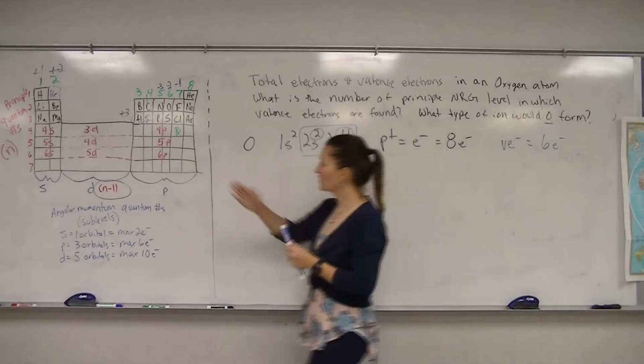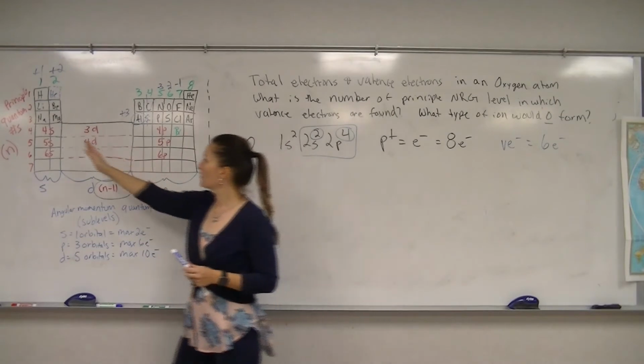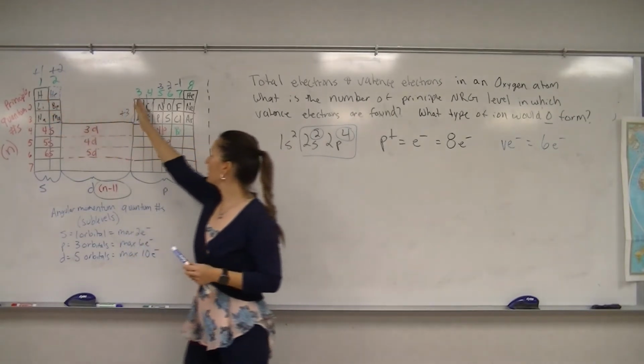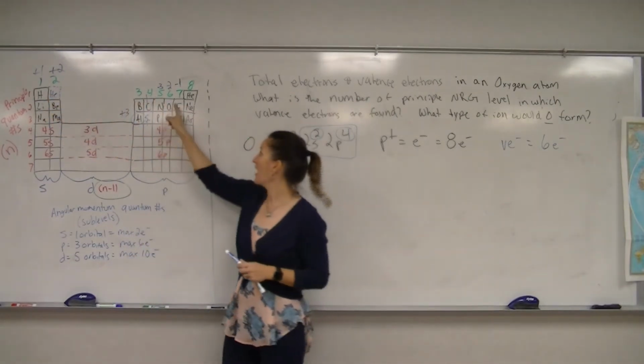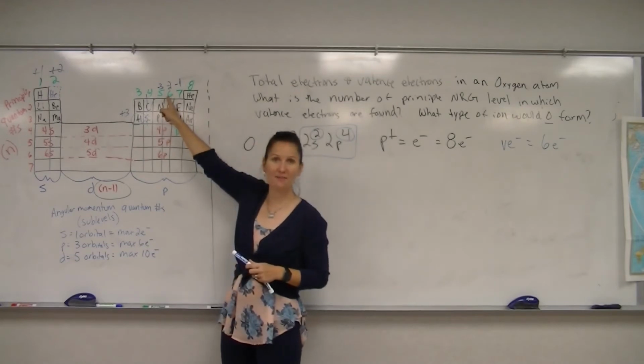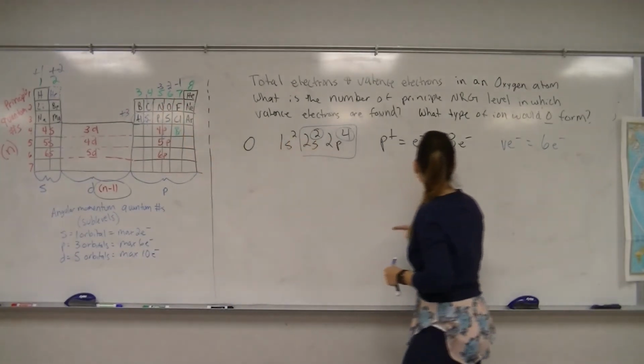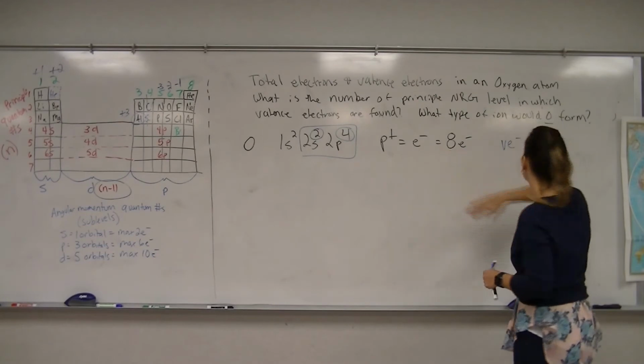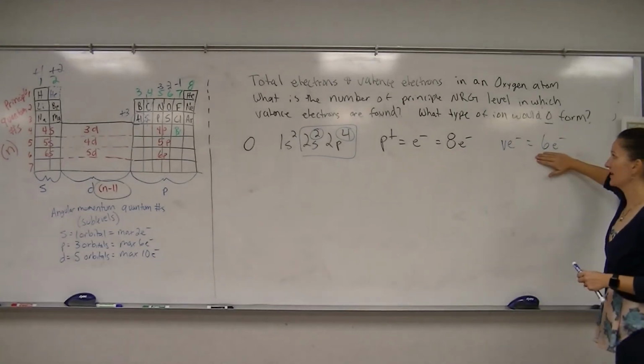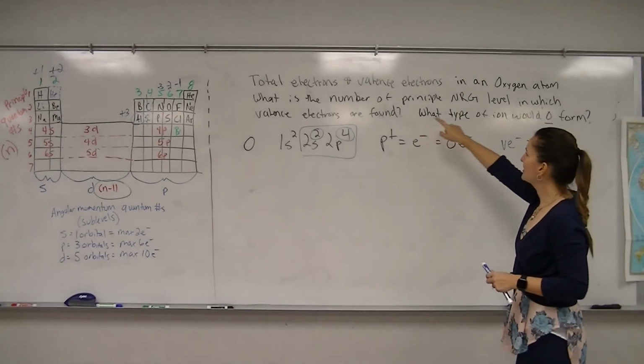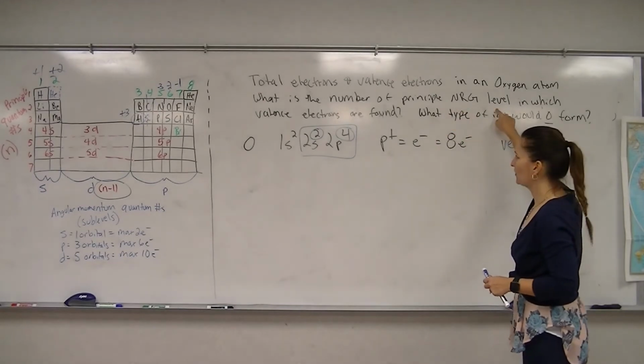And we can also figure that out because these numbers in green tell us how many valence electrons, and oxygen is right underneath the 6 here. Okay? So we have total, 8. We have valence, 6.